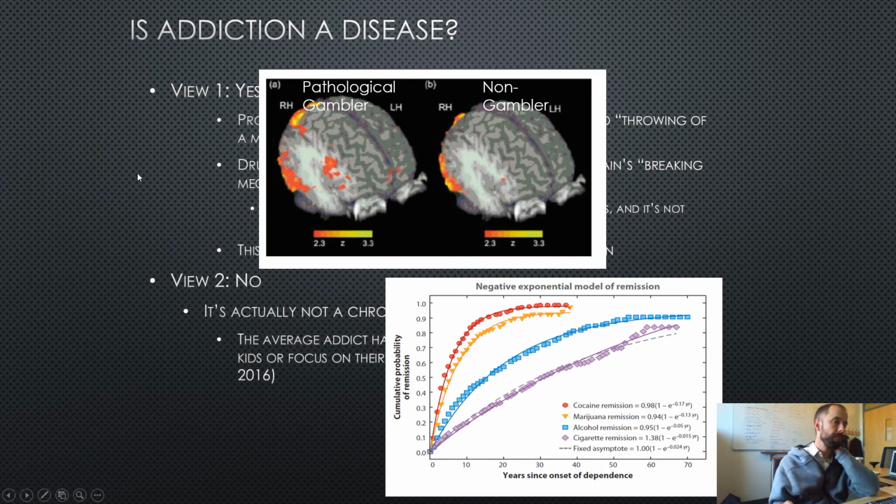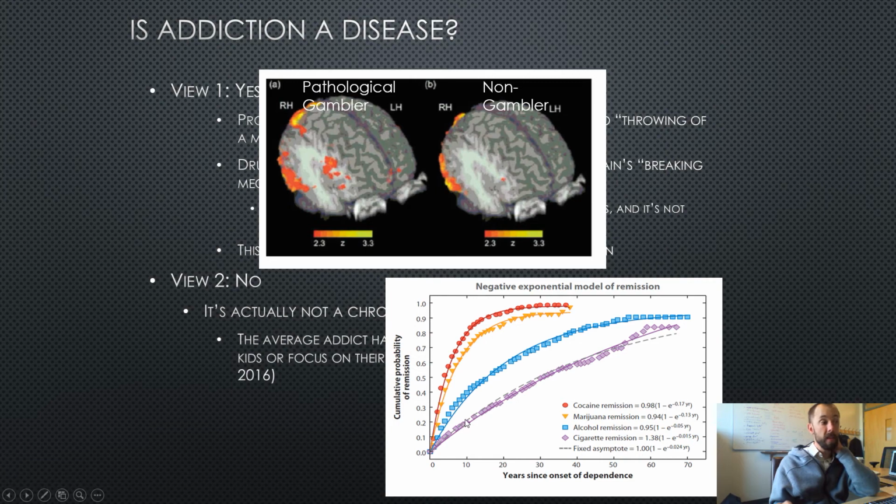So this is a graph. This is kind of like one of the graphs I showed you for borderline personality disorder, looking at the time since the onset of substance dependence. How long does it take for someone to be in remission? And with cigarette remission, after 10 years, only about 15 or 20% of people have remitted.